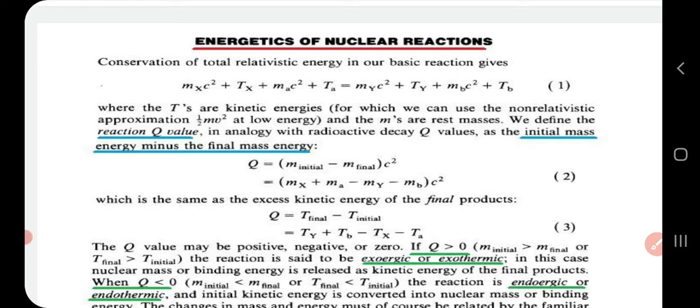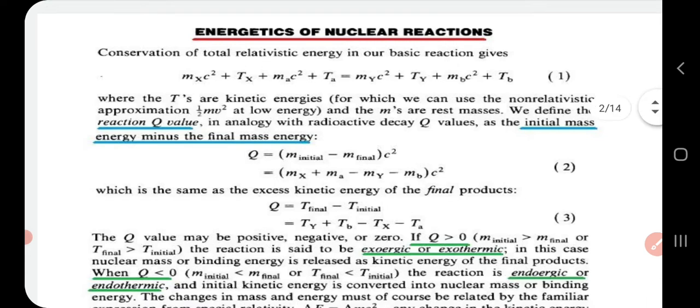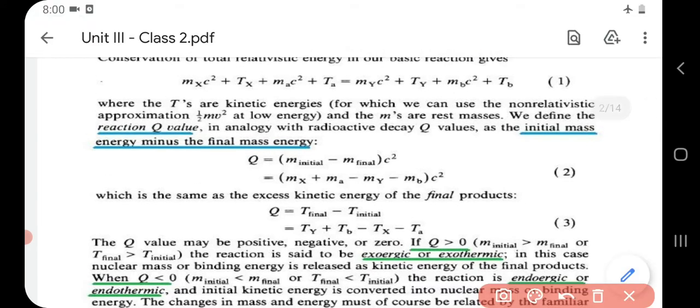Here we define the reaction Q value as initial mass energy minus final mass energy. This side stands for the reactants, and this side for the products: the kinetic energy and mass of the reactants, and the kinetic energy and mass of the products.